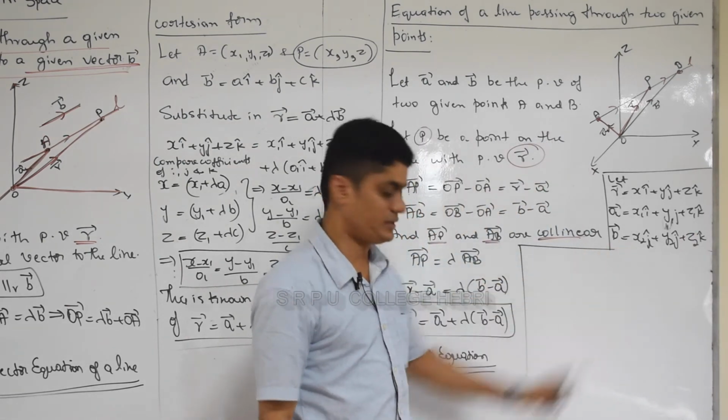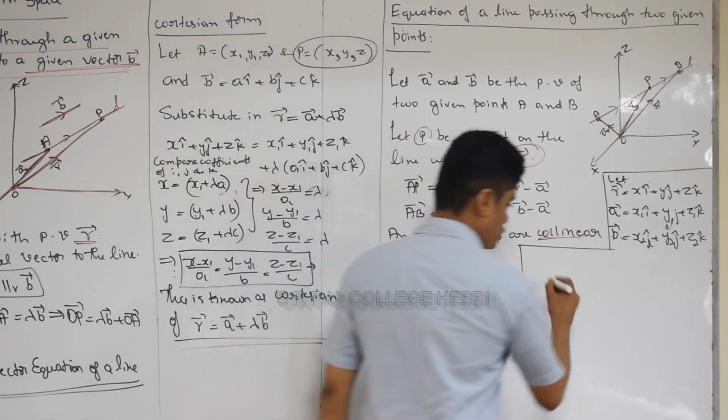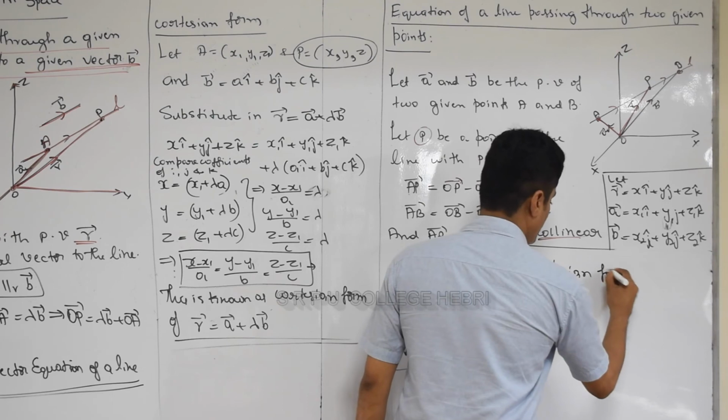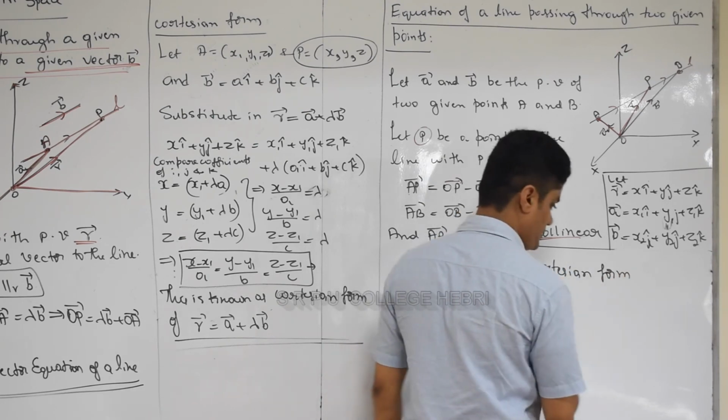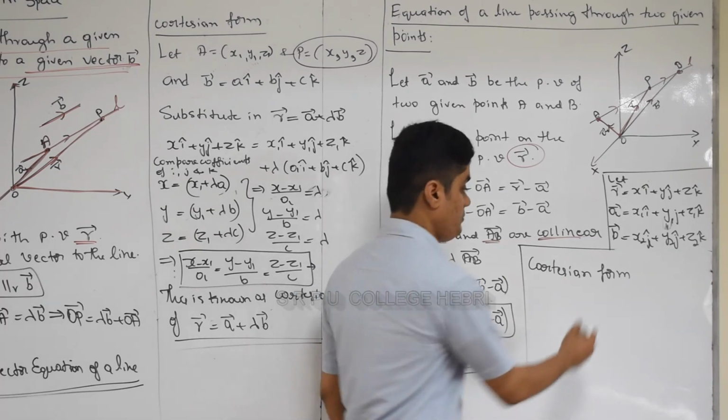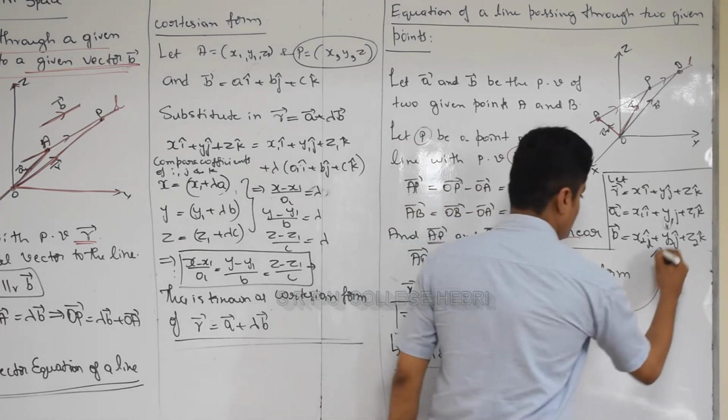From these three vectors, after substituting, you have to obtain the Cartesian form. So it is homework. You can ask me through WhatsApp, or I'll explain this in the next concept, but you have to try the Cartesian form of this using this.